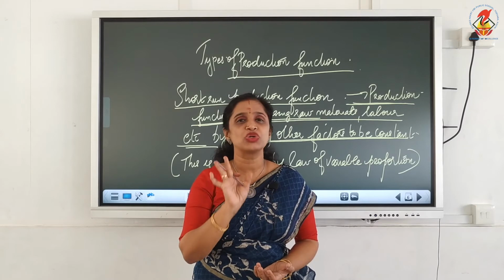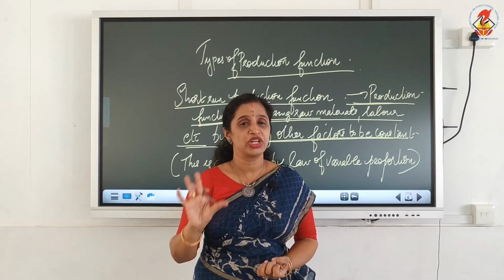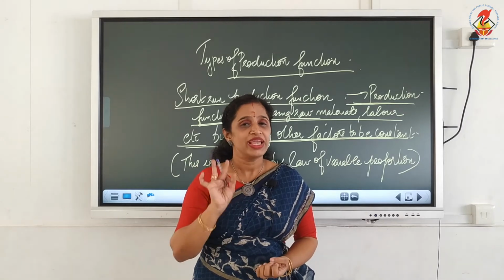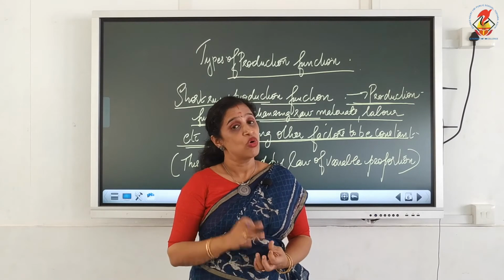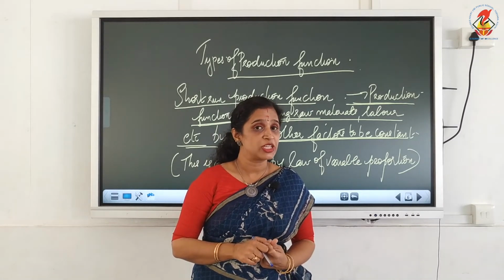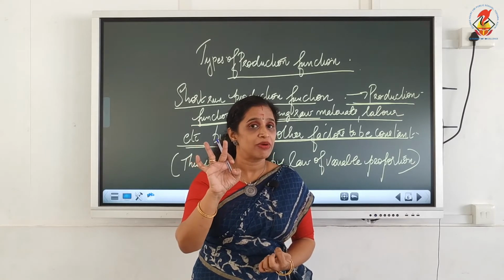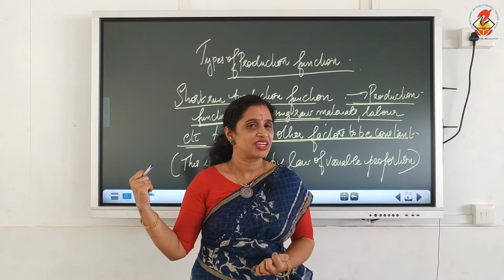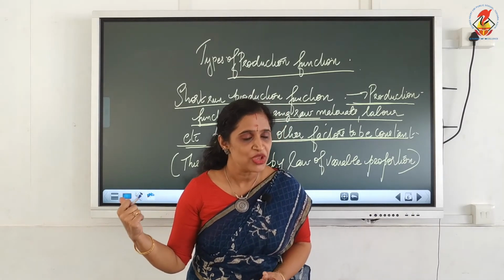We need to change only the raw materials and the labor. So the production function which takes place in the short run is known as short run production function. What type of production function is taking place there? The production function which takes place there is the change only in the variable factors by keeping other factors to be constant. Which are the other factors? Fixed factors to be constant.